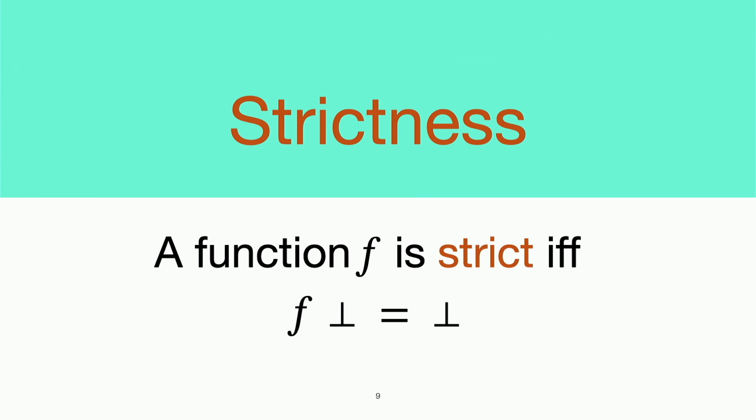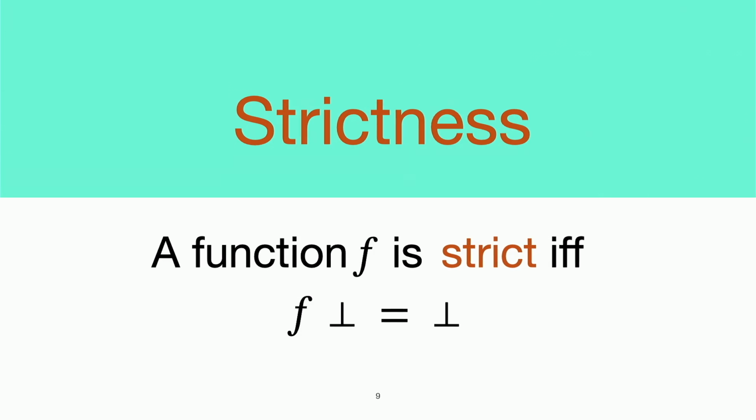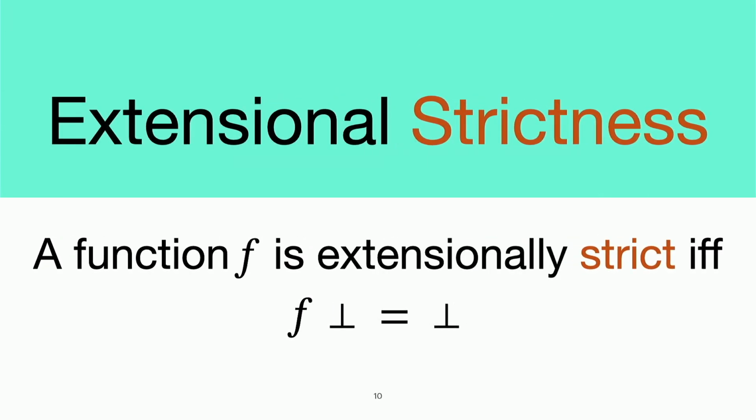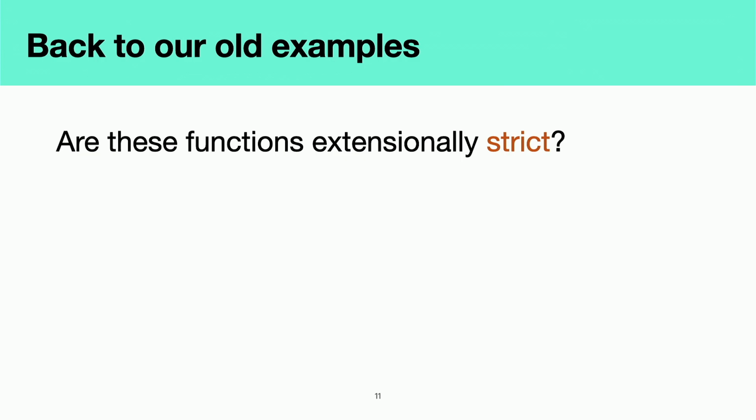The point is that if we give f an argument that we cannot reduce to a value, then the entire function call to f will also not be reducible to a value. This is the definition of strictness that you will most commonly see in the literature. I'm going to refer to it as extensional strictness for the rest of this talk, for reasons that I think will become clear momentarily.